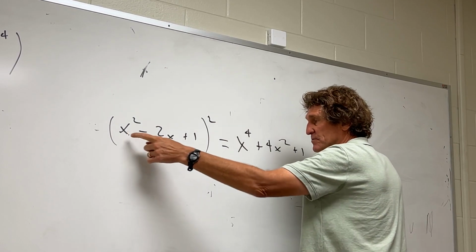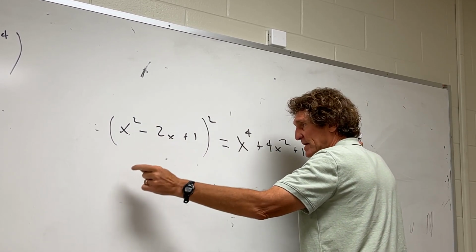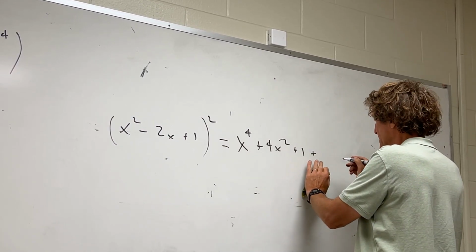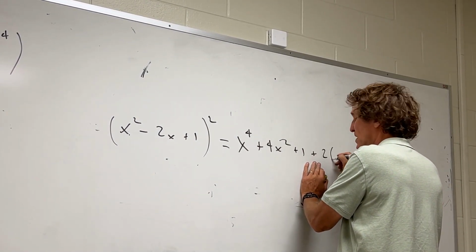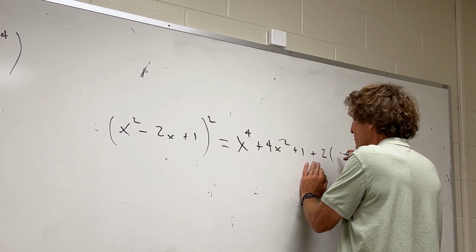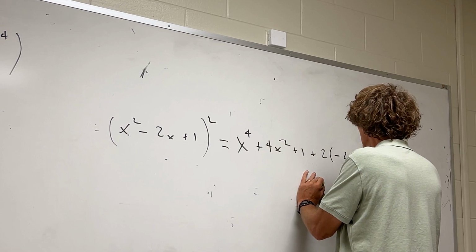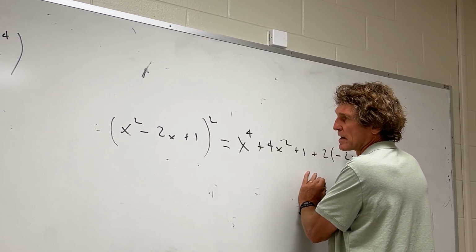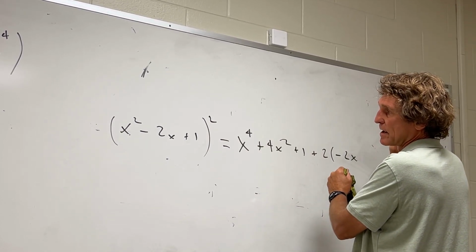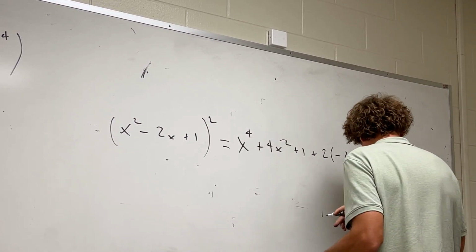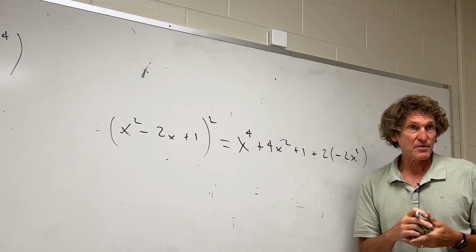So I'll have x squared times minus 2x, and then minus 2x times x squared. So I'm going to get plus 2 times minus 2x cubed. Do you all agree with that? Hopefully I did it right.